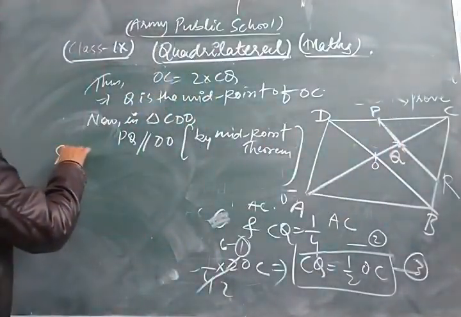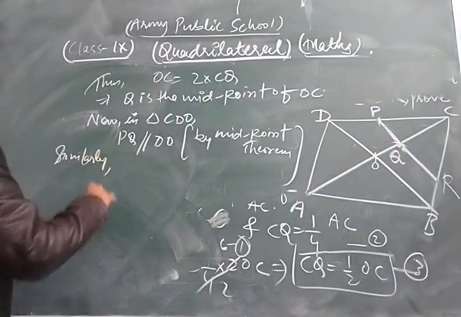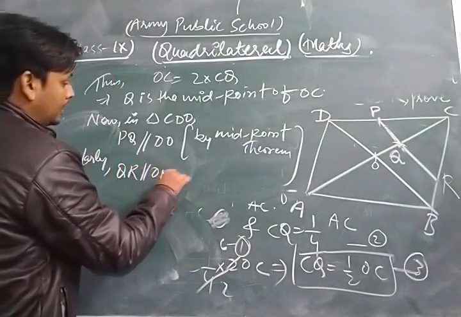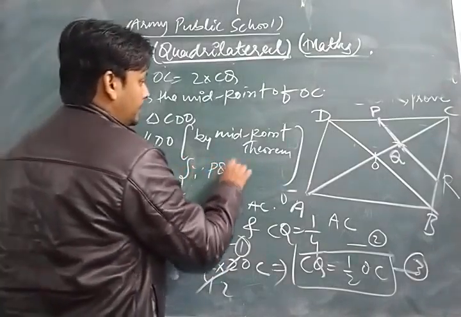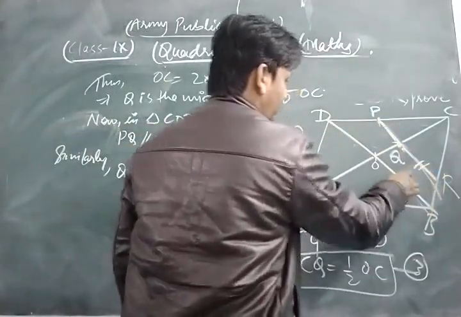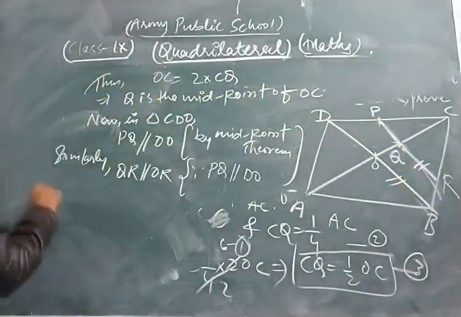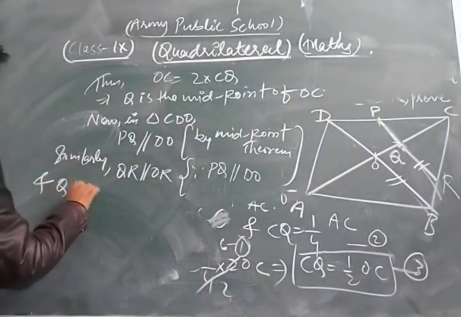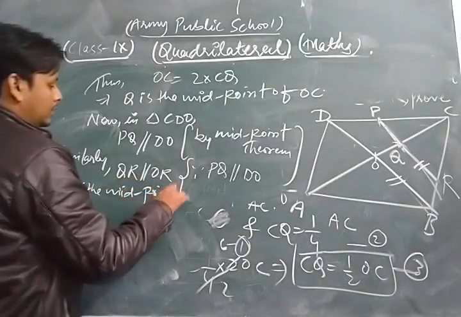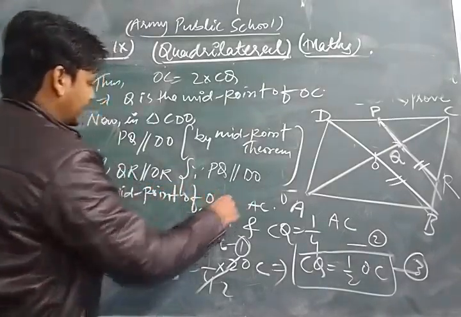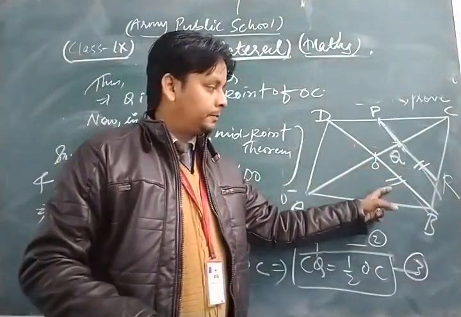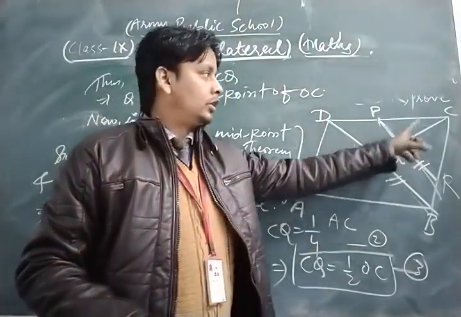Similarly, QR is also parallel to OB, because PQ is parallel to DO and PQ is produced. So QR is parallel to OB and Q is the midpoint of OC.